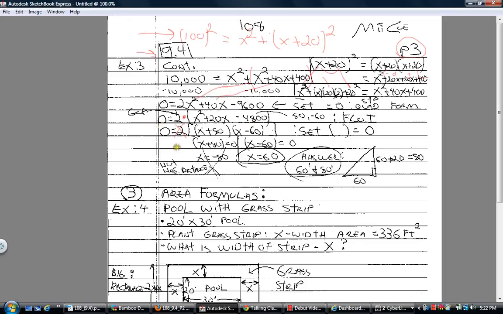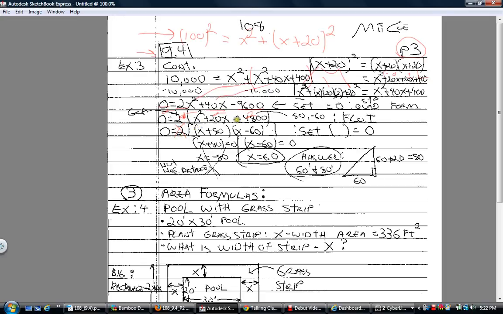Okay, either way works for you. Either divide the whole equation by 2. Look, every term divide by 2. What's the result? 0, and you get the quantity x squared plus 20x minus 4,800. Okay. Now, if you like pulling out the GCF, just be okay with it sitting there, and you're just going to drop it. Either way works.